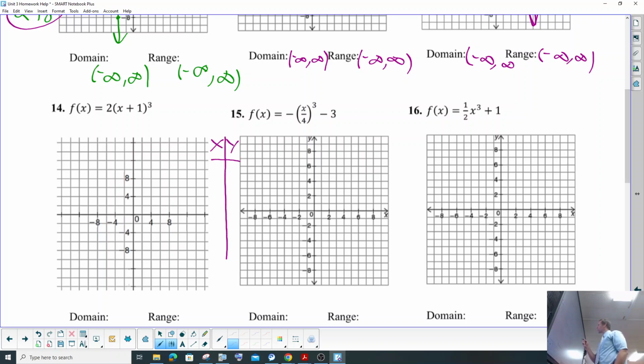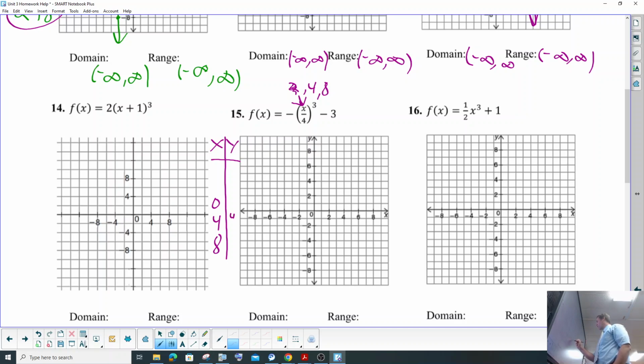And I would choose values for x, like 2 and 4 maybe, that are divisible by 4. Might make it easier. So I'll choose 0. And I wouldn't even choose 2 actually. I would choose 4 and 8. The reason why is because you're going to divide it by 4.